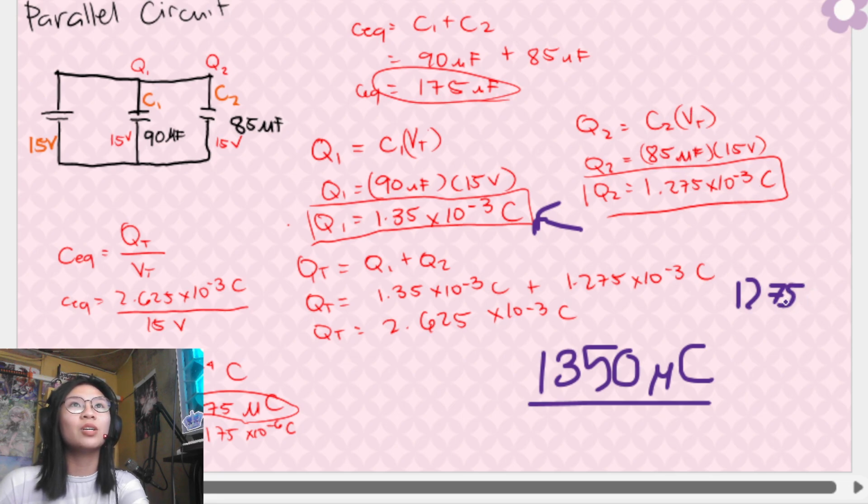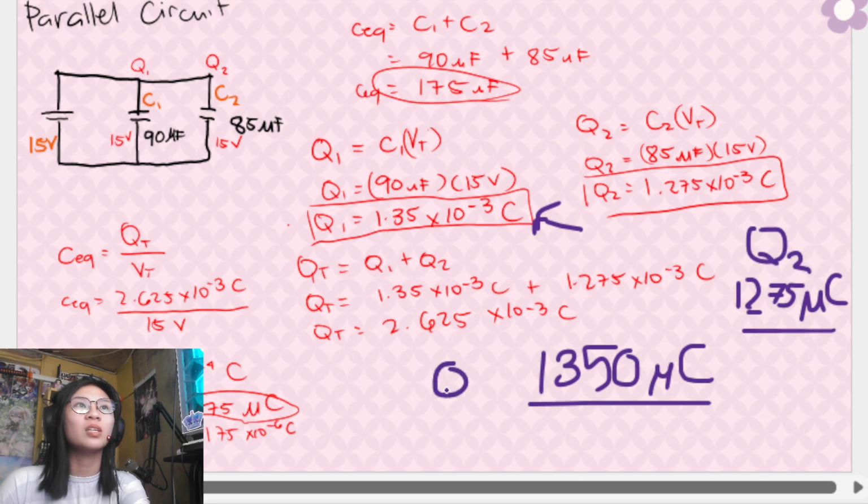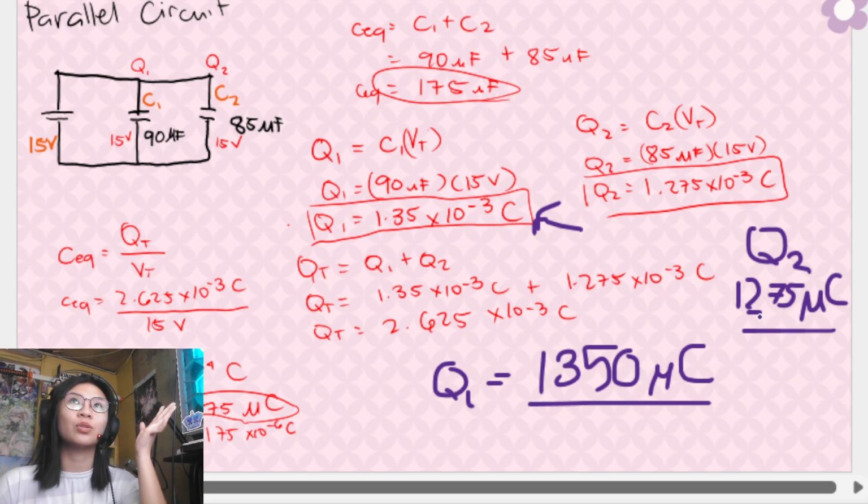Then since it is micro, copy the micro. Farad multiplied by voltage is coulomb, so that is 1,275 microcoulomb. That is your Q2. This is your Q1. So if you add them, 1,350 microcoulomb plus 1,275 microcoulomb. Okay, is that right?